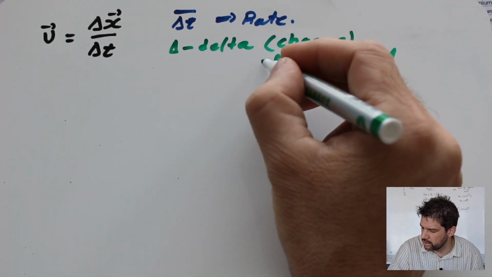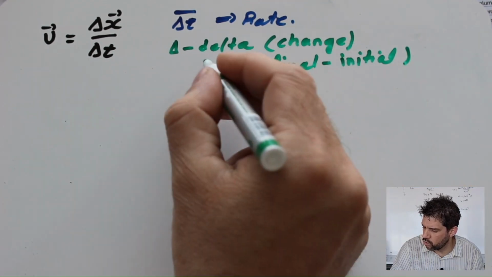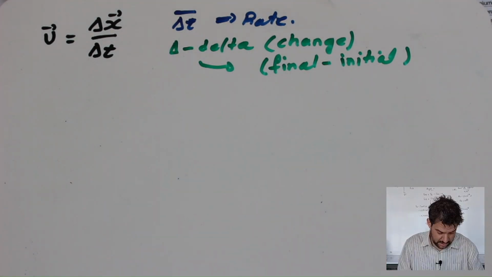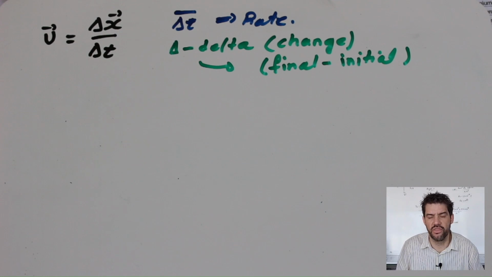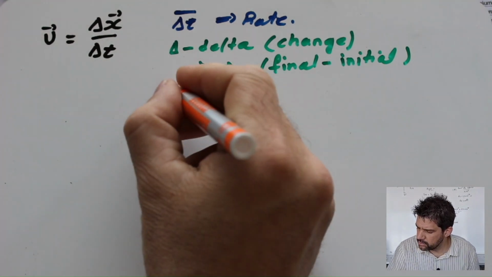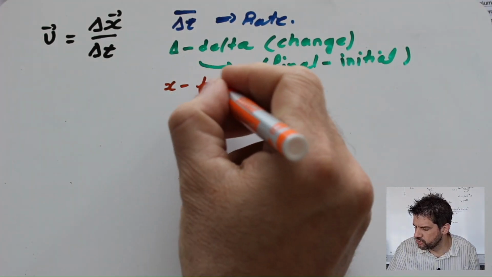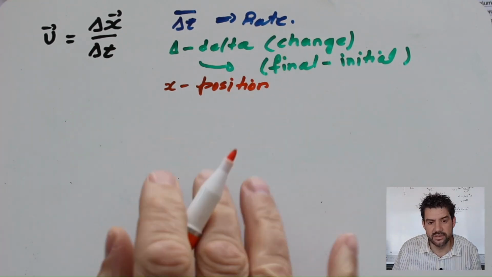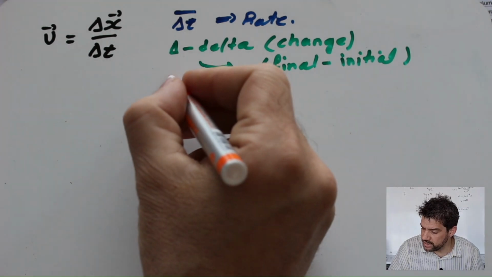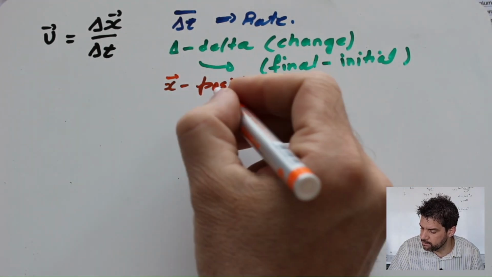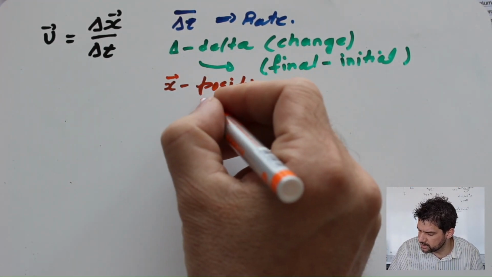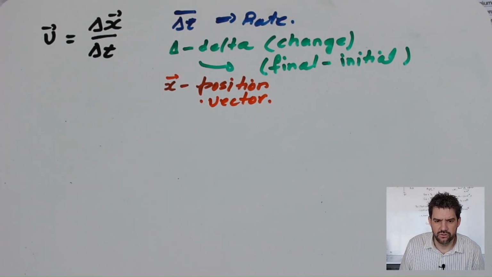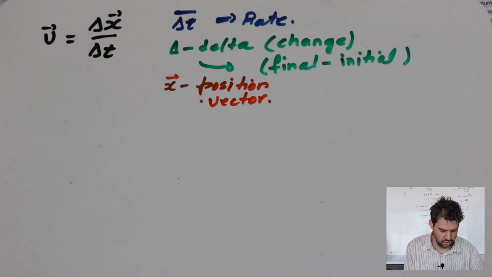That is what we call delta. And the third important point is to note that X stands for position, which is a vector quantity, by the way. So we must write it somewhere: here is a vector. All of this is important to have in mind.